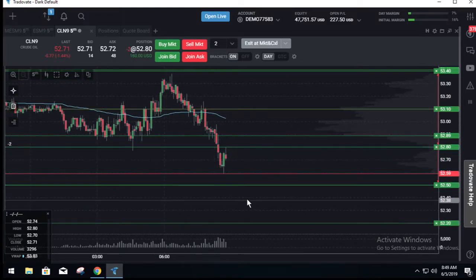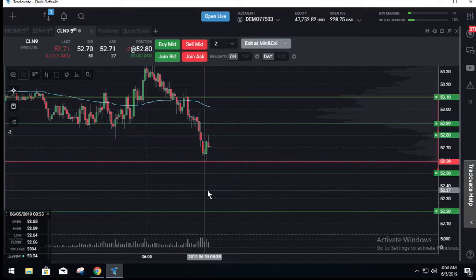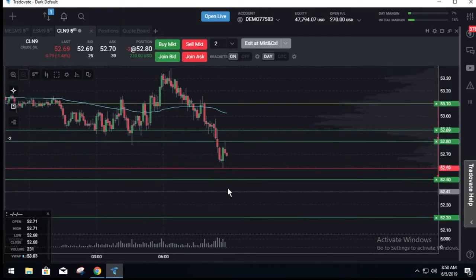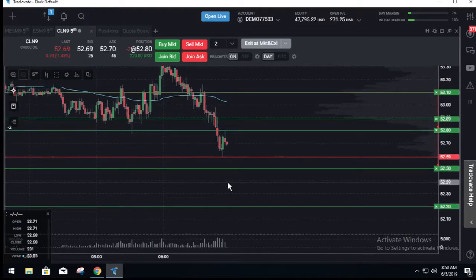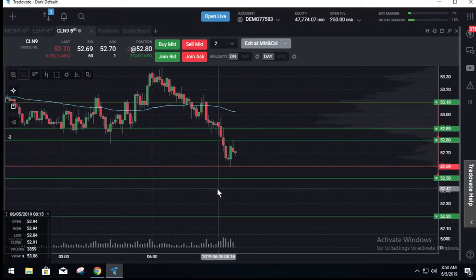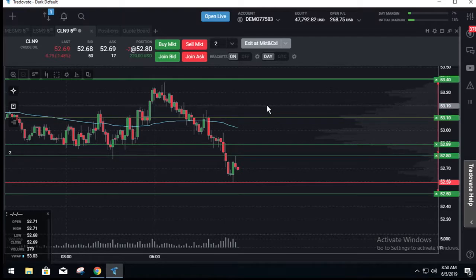Got out of one contract. We're looking for major pushes down today based on the API news. Jumped in a second contract looking for the break of the range, return, and trade. We have bigger stops on the live account, so all our stops are beyond 53.40.